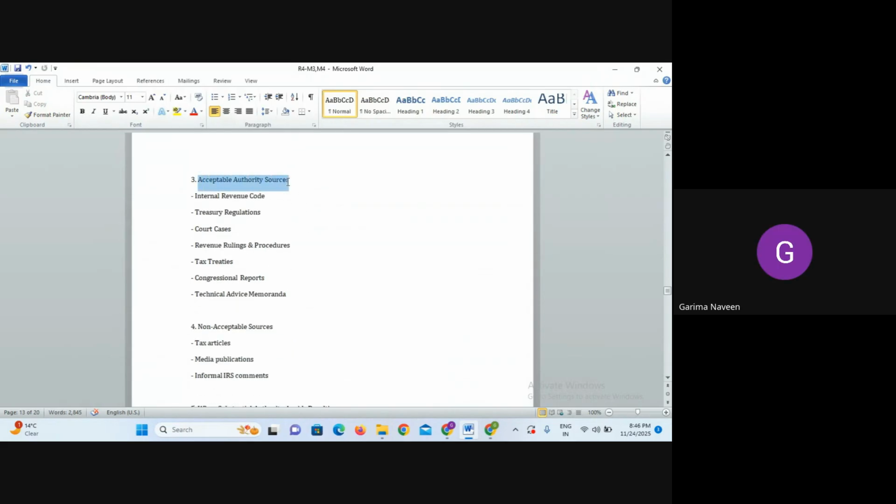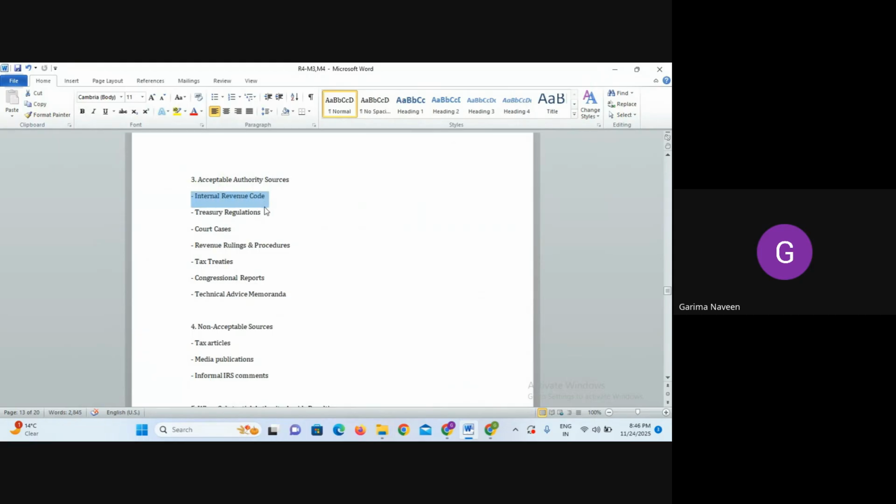Next is acceptable authority sources. If you have taken certain deduction, certain position in your return, this should have some reasonable basis. So what are the acceptable sources, where this position is spotted?